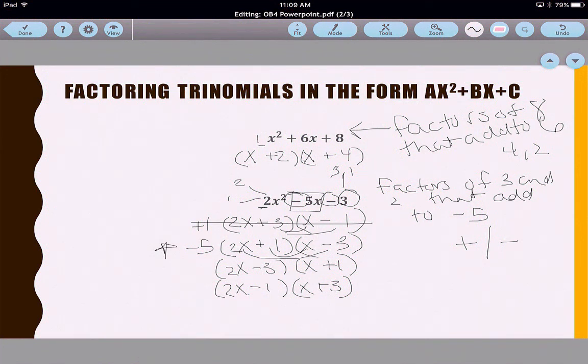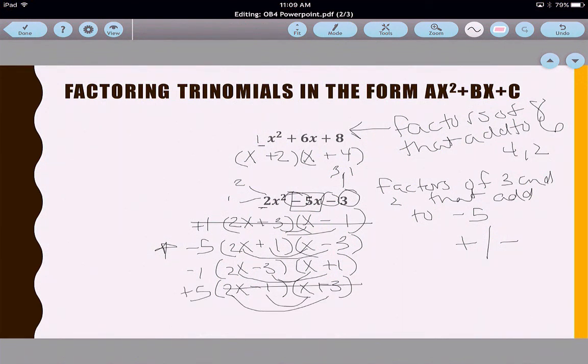For the sake of this video, I want to just run through and search for the middle term just to discount these second 2 as well. So let's look here. We would have positive 2x minus 3x would give me a negative 1x in the middle, and here a positive 6x minus 1x would give me a positive 5x in the middle.